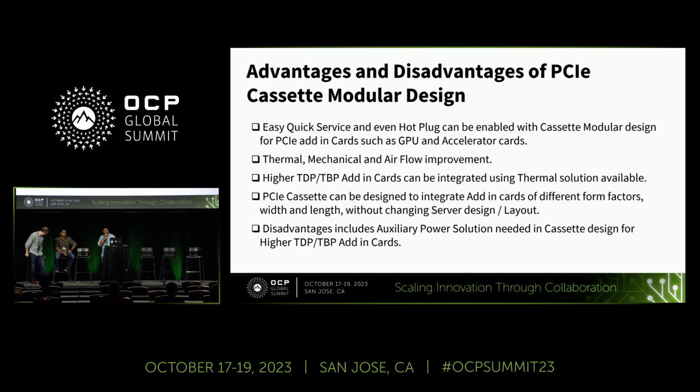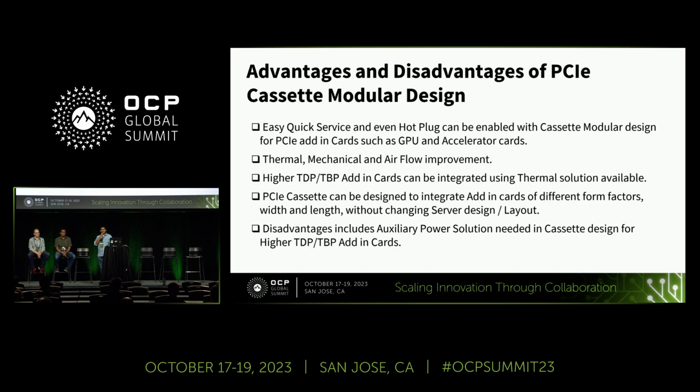Thank you, Jason. So as you just heard, we are looking into solutions that can enable these PCI cassettes in the vertical format for higher density. Now comes the challenge that we will see, and this is where we want the industry and the contributors to come in: the challenge we will face is with GPUs with higher TDPs crossing the boundary of 600 watts, and what kind of thermal solution we will be looking into.